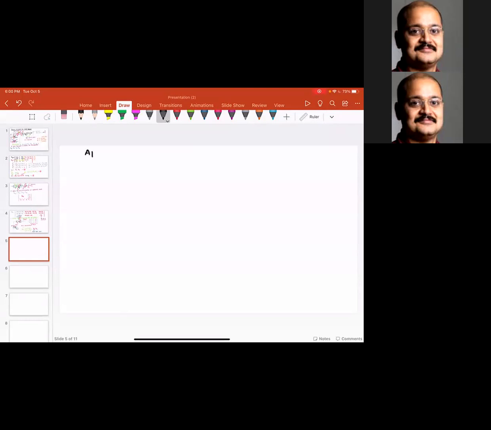So applied linear algebra, part 3. We are studying low rank and compressed sensing.